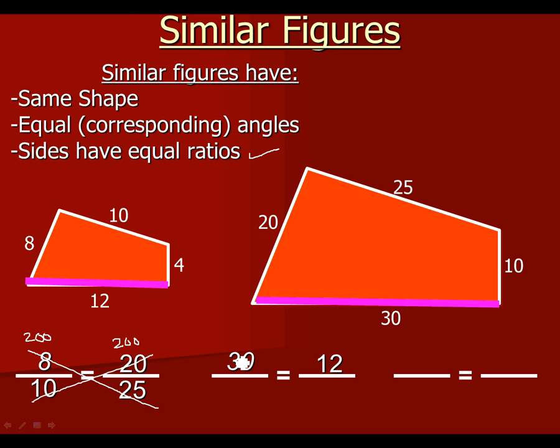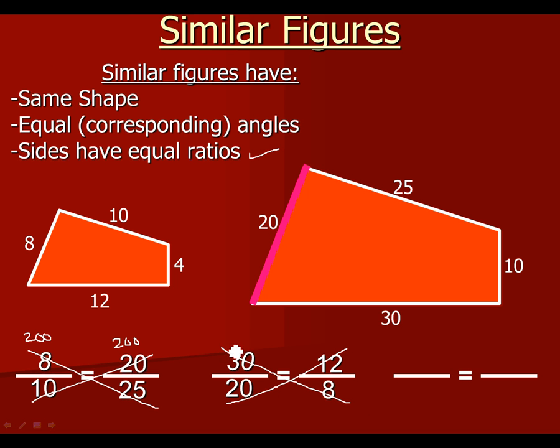30 corresponds with 12, and 20 corresponds with 8. Now this doesn't come out to 200, but that doesn't matter. What matters is I'm dealing with equal ratios in this example. 8 times 30 is 240. 20 times 12 is 240. I know I got 200 over here, but that doesn't matter.